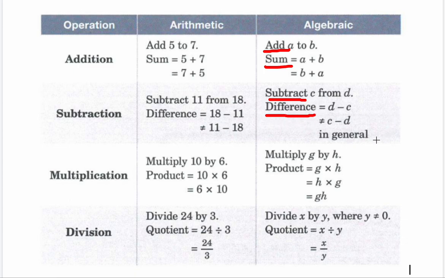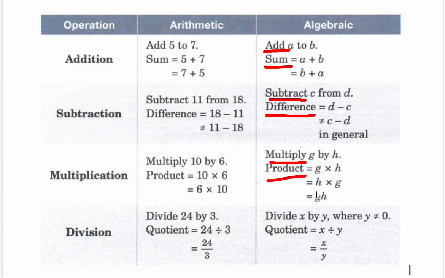Difference also tells us that we want to figure out the subtraction answer, because by subtraction, we'll figure out which one is higher and by how much. For multiplication, again, we can say multiply, or we can use the special word product. Product also tells us that we are trying to figure out the answer to a multiplication problem.